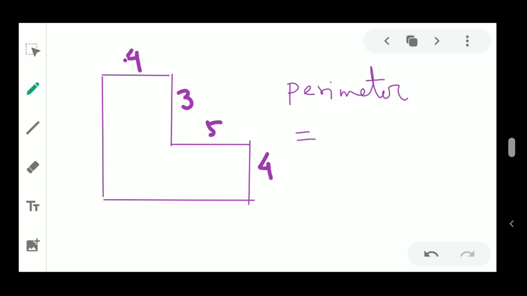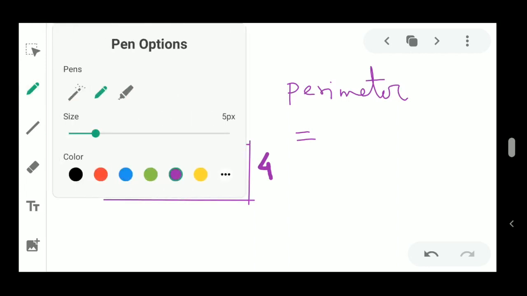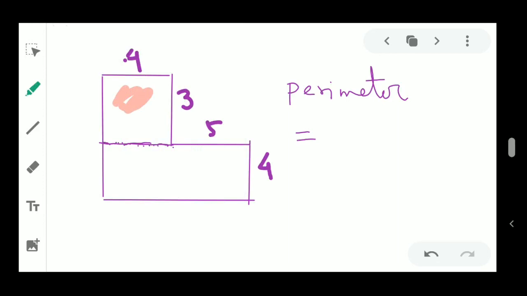So you can say that if I create an imaginary line here in my mind, this small one will be one square, right? This small box will be one square, or one kind of rectangle. Now I know that in a rectangle opposite sides are same, so this is also 4, this is also 3, right?